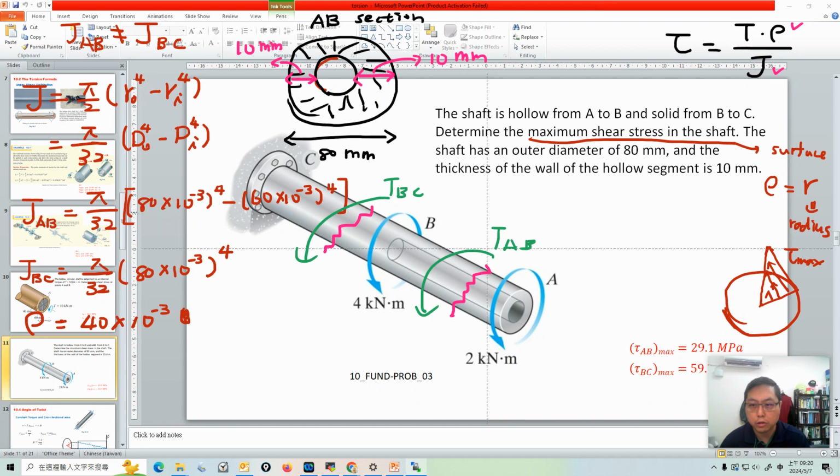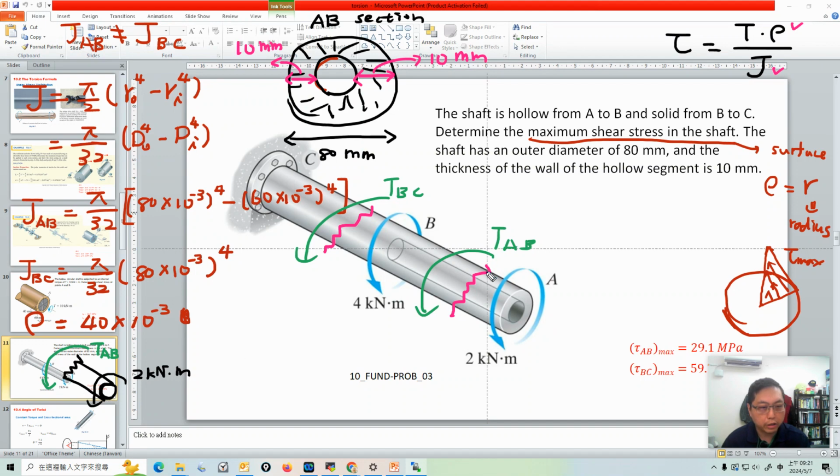Let's start the section analysis. The first part is here, and the external torque at A is 2 kilonewton meter. For TAB, I don't know the direction, so I just assume it's counterclockwise.